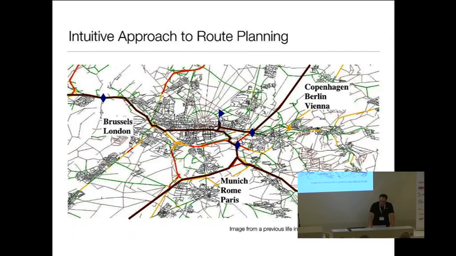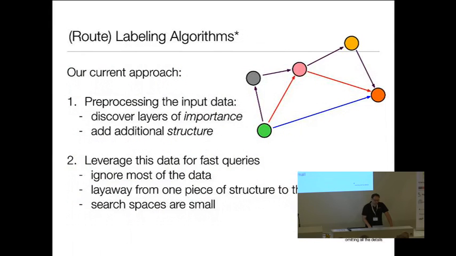So to give you more insight, what we currently do in OSRM is that we pre-process the road network. So what we do is we take the input data and we discover layers of importance.